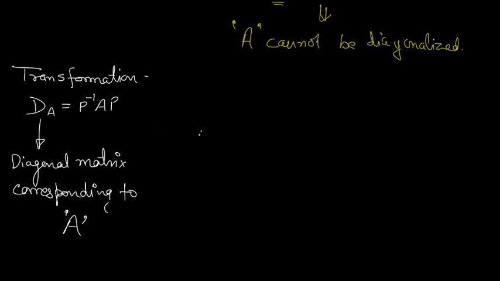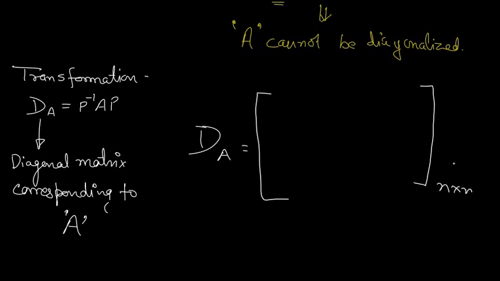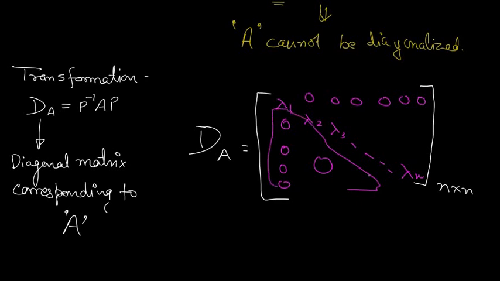If you wish to write the matrix form, then dA will look like this. You have an n cross n matrix whose diagonal elements are the eigenvalues lambda 1, lambda 2, lambda 3, up to lambda n, and all the other terms are 0. All the lower and upper blocks are 0; only the diagonal exists.